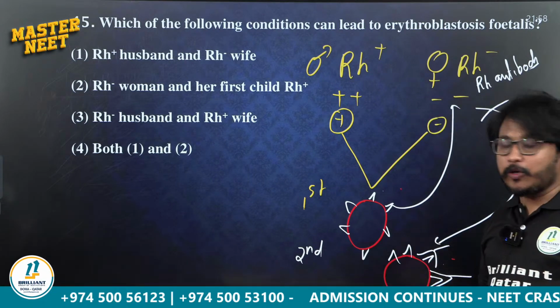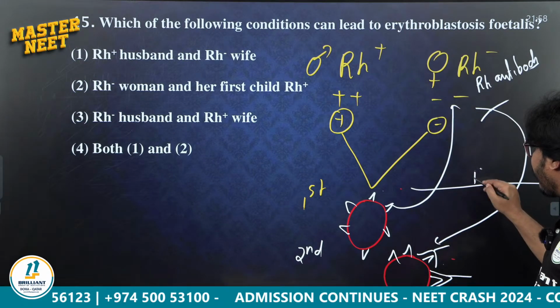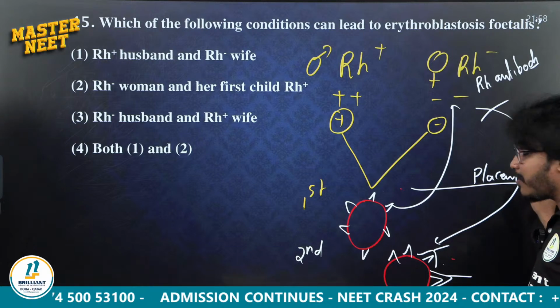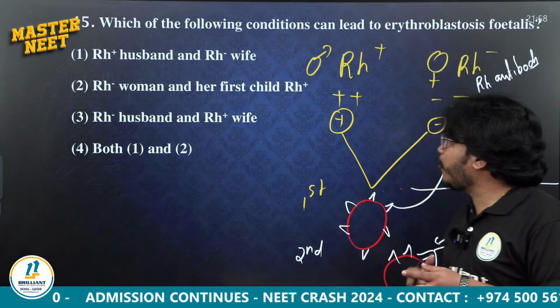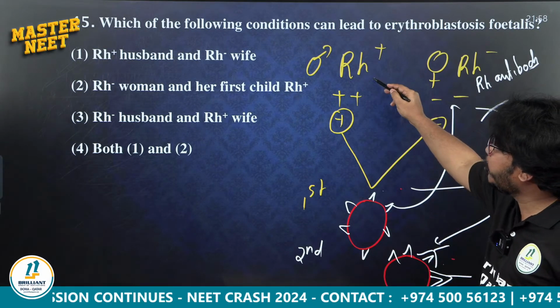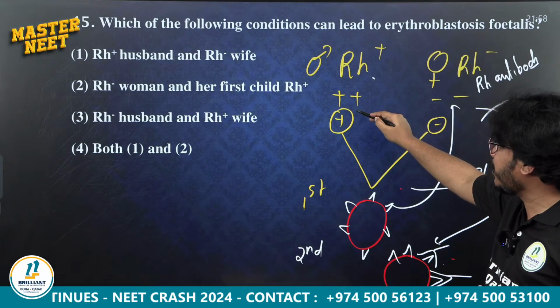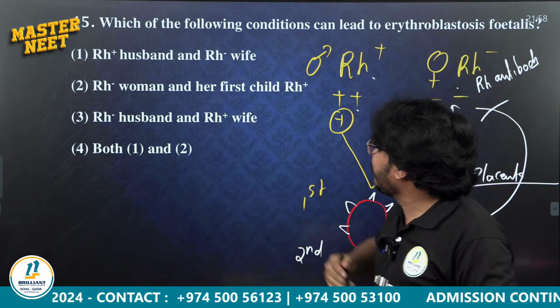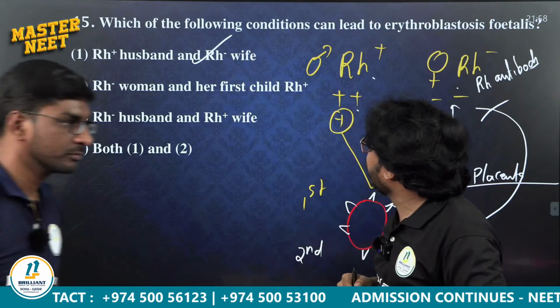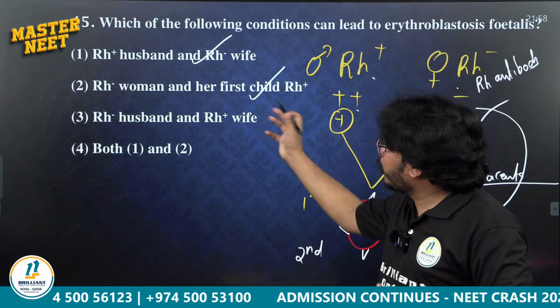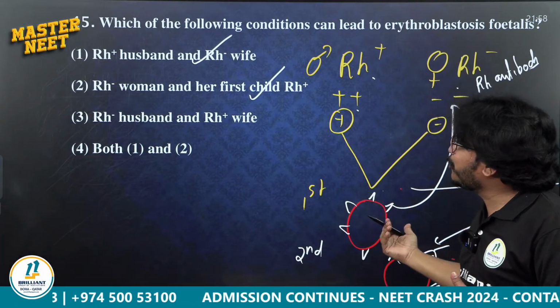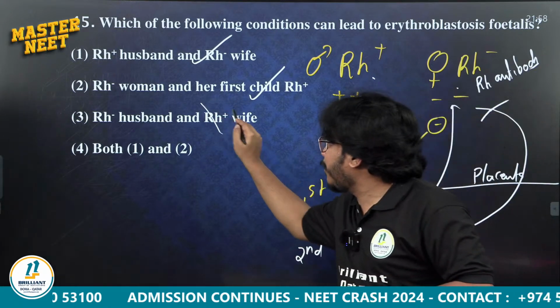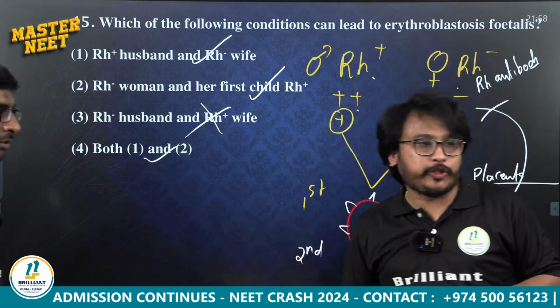This happens when antibodies pass through the placenta and attack the RBC of the child. So the father should be Rh positive homozygous and the mother Rh negative homozygous. The answer is both 1 and 2.